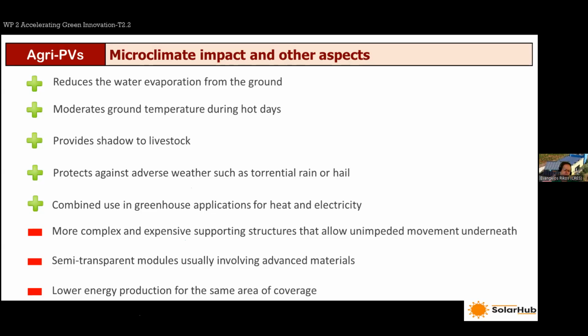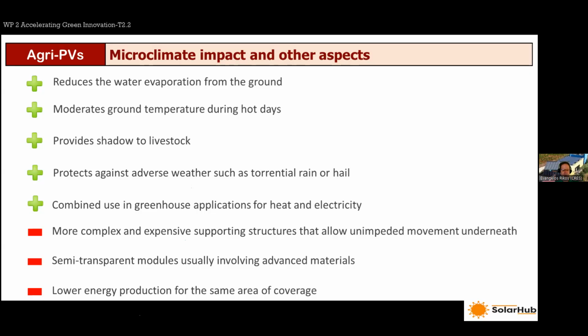Of course, these benefits have a trade-off as well, because the supporting structures for these systems are more complex and expensive. In order to allow unimpeded movement underneath, the modules are of special technology.